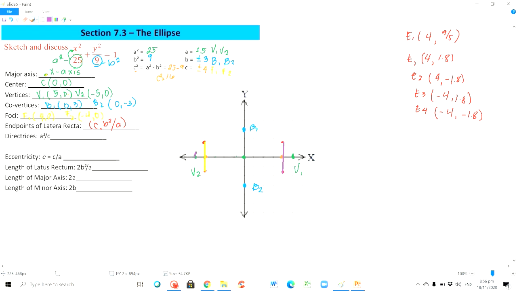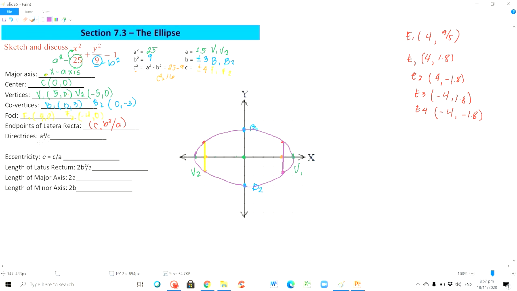From the vertex to the LR to the co-vertices, okay, so continue on. Dutong-dutongin lang po natin yan for the points. Okay, so you now have the equation of the ellipse, the graph of the ellipse.